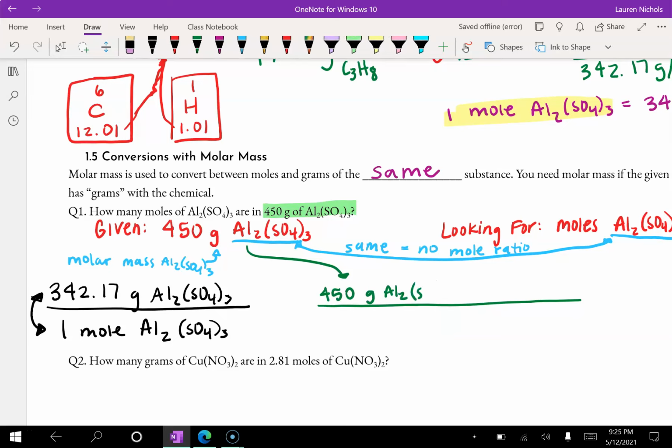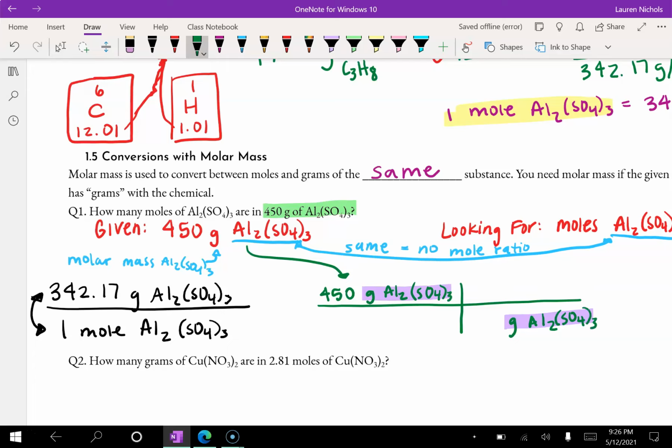And I did not leave myself enough room there. Okay, so 450 grams of aluminum sulfate. And whatever unit and chemical we have here, so grams, aluminum sulfate, has to appear at the bottom in order for the T-chart to work. Okay, if these two things do not match, then your T-chart is set up incorrectly.